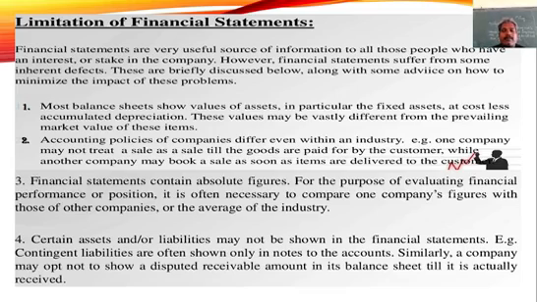Most balance sheets show the value of assets, in particular fixed assets, at cost less accumulated depreciation. These values may be vastly different from the prevailing market value of these items, because each and every year the company deducts from its fixed assets in the form of accumulated depreciation, but actually the market value is different.